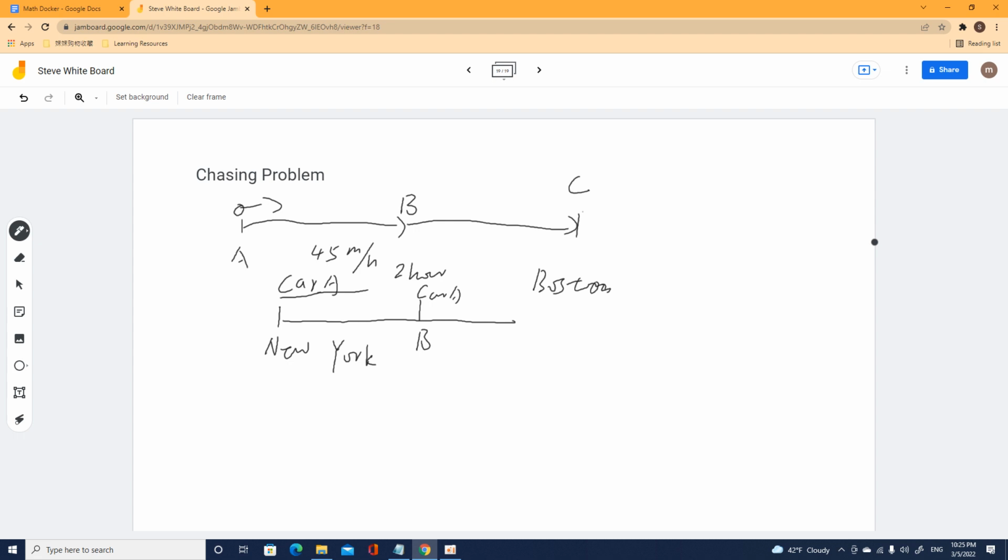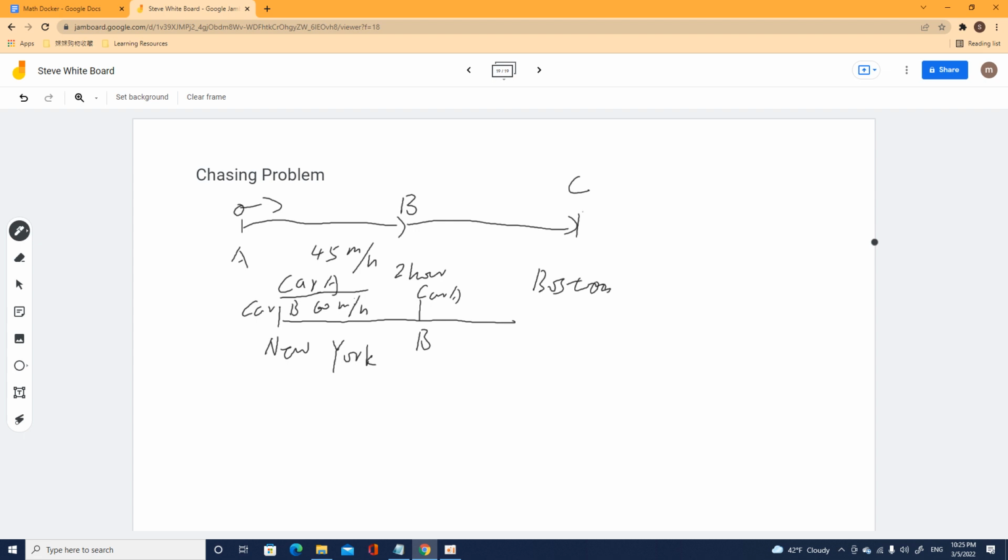After car A drives 2 hours, car B also drives from New York City to Boston. Car B's speed is 60 miles per hour.